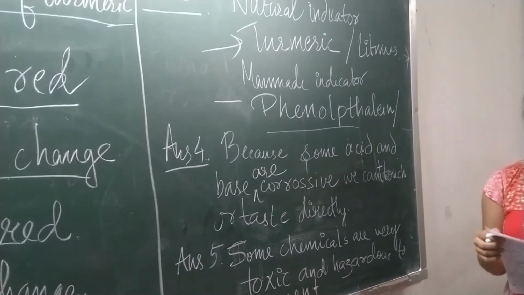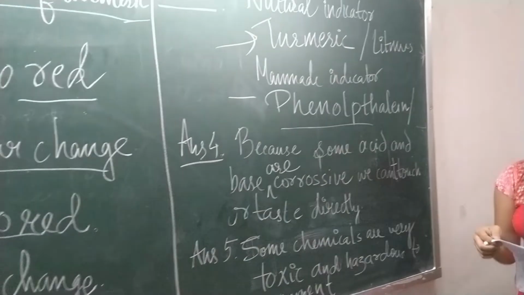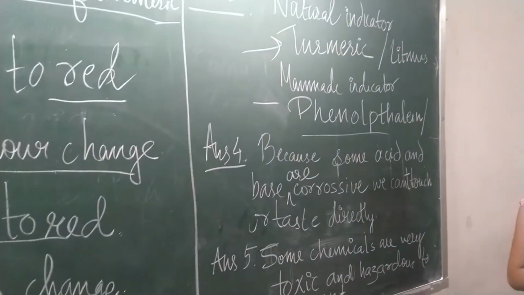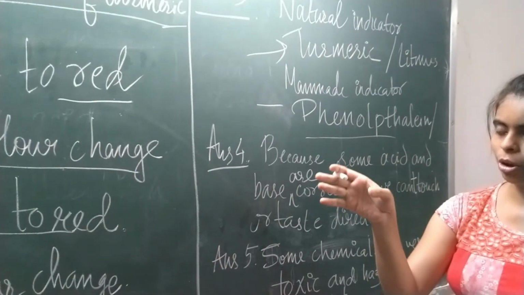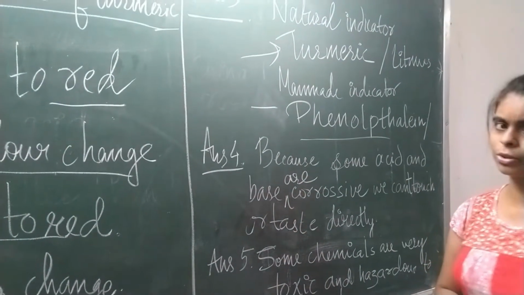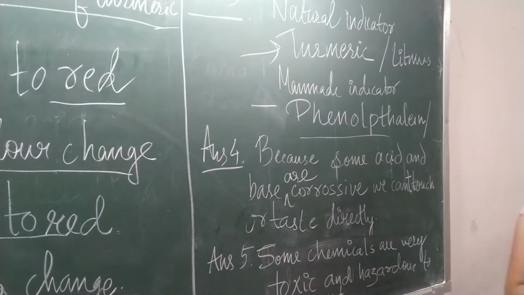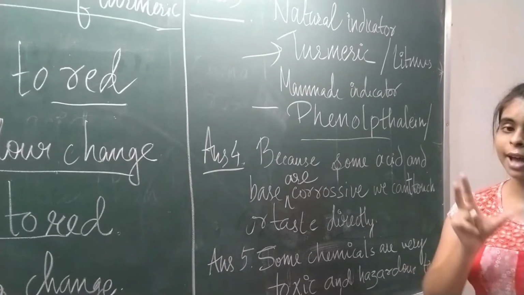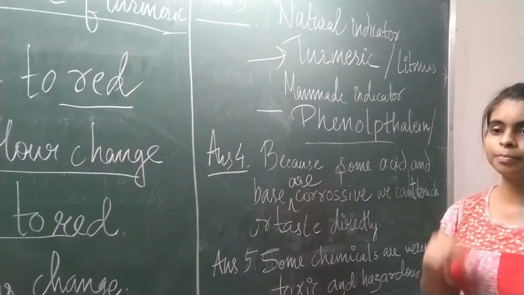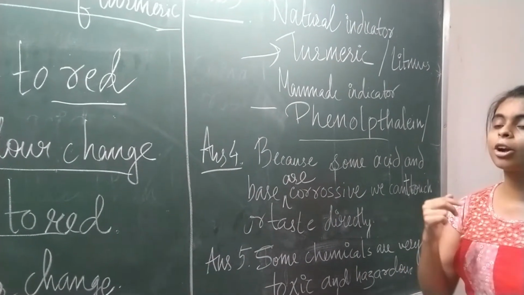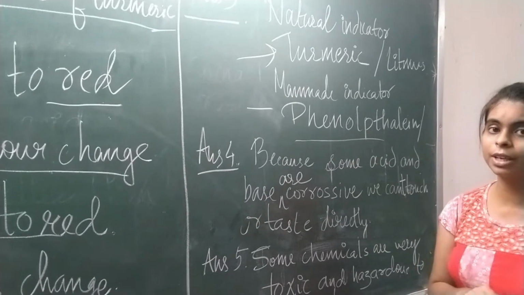Now comes question number 4. Why do we need indicators to indicate acid or base? See, if we are talking about turmeric and vinegar, they are not so corrosive in nature. As I mentioned in the last class, some acids are strong and some bases are also strong. If they are strong, then we cannot touch them directly. They are very corrosive in nature.